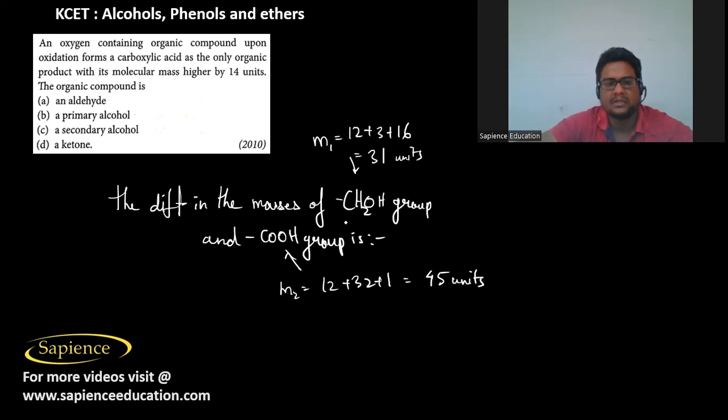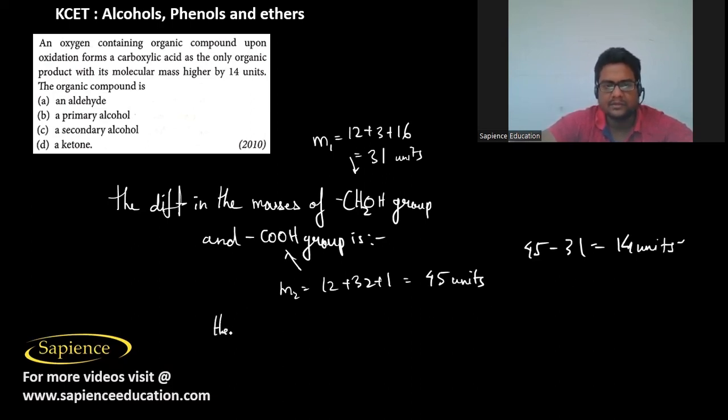So here the difference in the masses of the CH2OH group and the COOH group is 45 minus 31, that is equal to 14 units only.